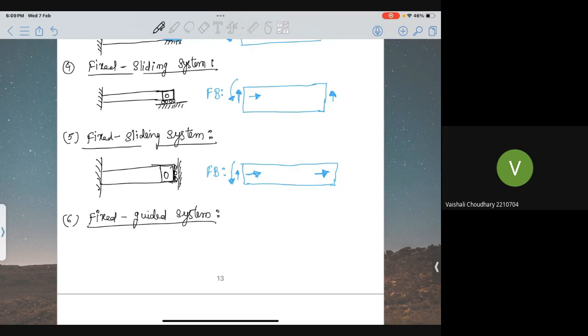Okay, so in the fixed guided system, again one end of the beam is fixed, and instead of a pin, that system will have wheels in vertical direction.